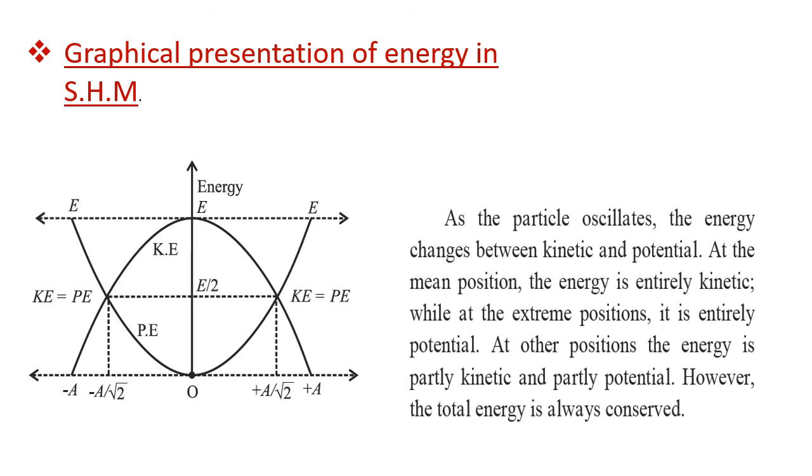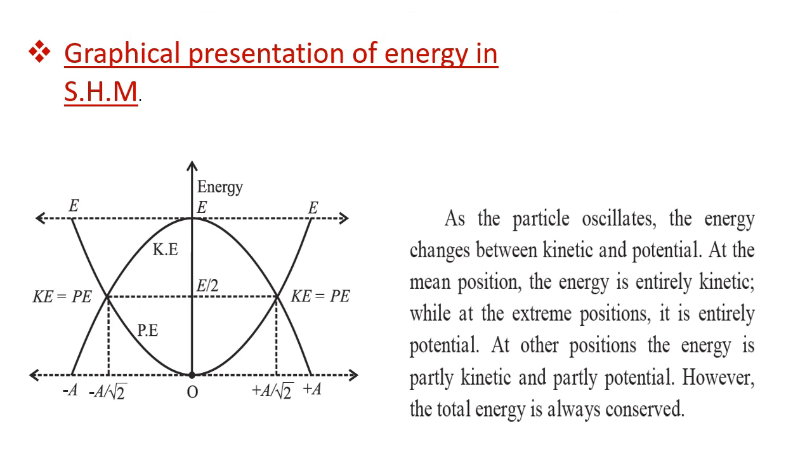As the particle oscillates between the mean and extreme position, the energy keeps on changing between kinetic and potential. At mean position, the energy is entirely kinetic, while at extreme position, the energy is entirely potential energy.